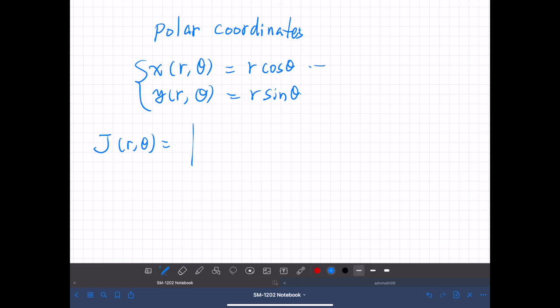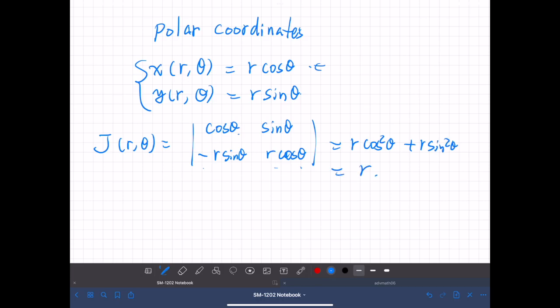Differentiate this with respect to r, we get cosine theta, and differentiate this with respect to r, we get sine theta, and then -r sine theta and r cosine theta. So cosine theta times r cosine theta, we have r cosine squared, and minus here, so plus r sine squared theta, which is r. So the Jacobian is just r. It's easy.